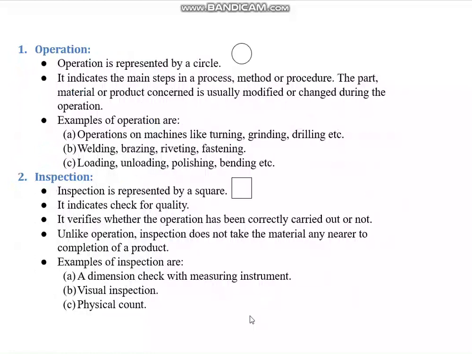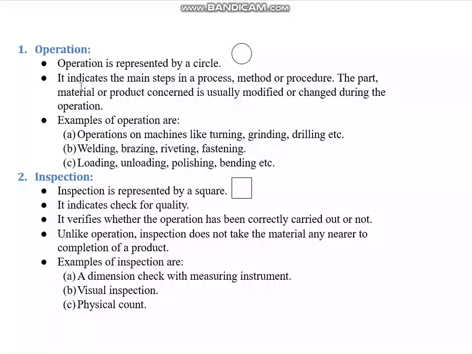Like that, if modification is taking place, then you can call it an operation. Examples of operations are operations on machines like turning, grinding, drilling, etc., welding, brazing, riveting, fastening, etc., loading, unloading, polishing, bending, assembling, all those things.